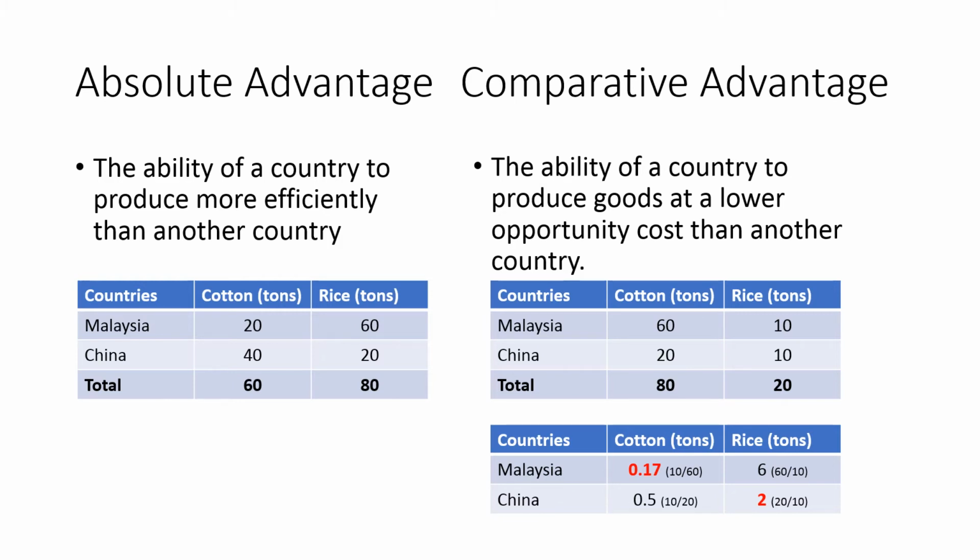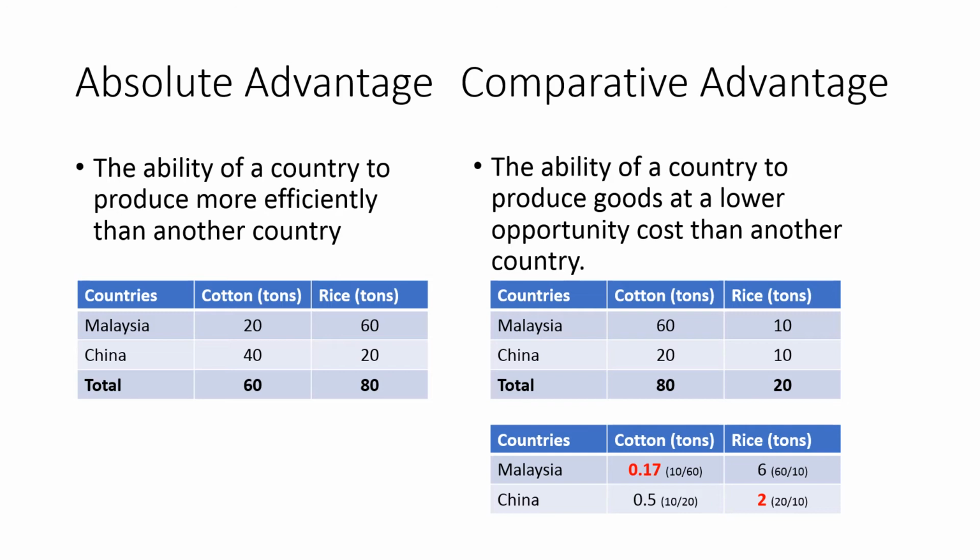Malaysia has the lower opportunity cost. It is 0.17 tons of rice in the production of cotton, whereas China has the lower opportunity cost, which is 2 tons of cotton in the production of rice.